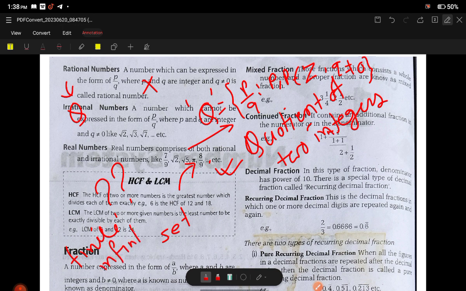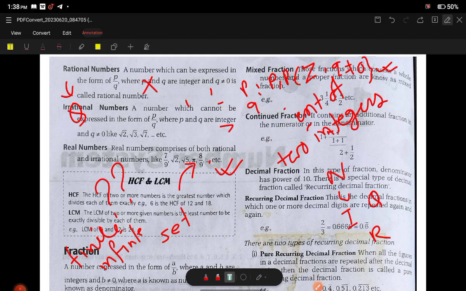If it contains infinite elements, it is an infinite set, and if it contains finite elements, it is a finite set. So in the comment box, write down whether the set of rational numbers is finite or infinite. Out of natural numbers, whole numbers, integers, rational numbers and real numbers, which sets are finite and which are infinite?